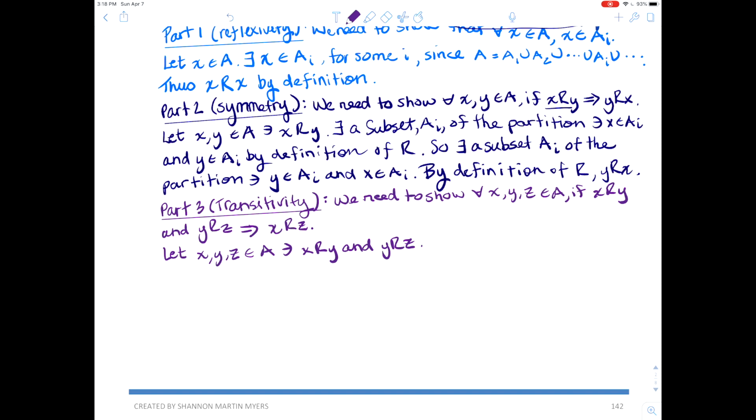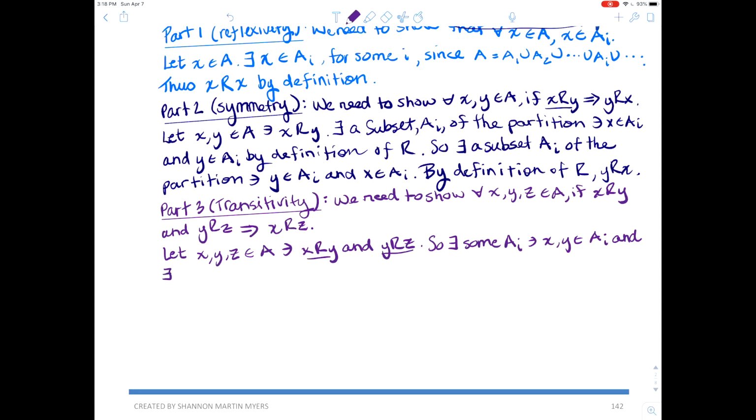Well, we know a couple of things. We know for sure that there is some subset, call it AI, that X and Y belong to because of this condition. So we can say there exists some AI such that X and Y are an element of AI. And the second one tells us what?